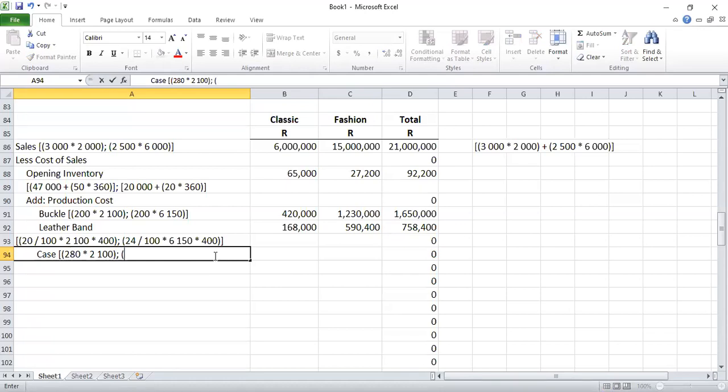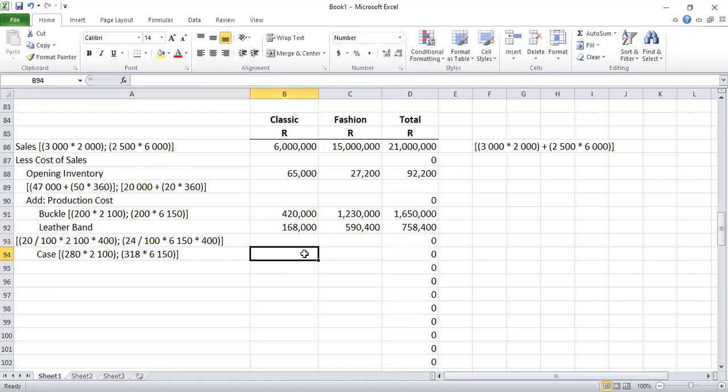And the other one 318 multiplied by 6,150. What do we get?